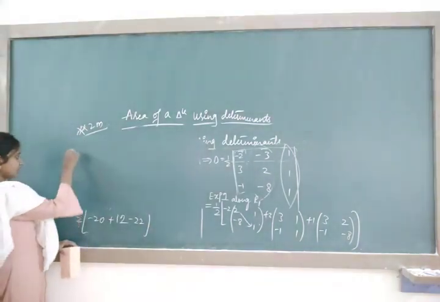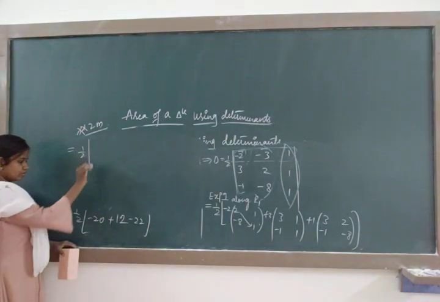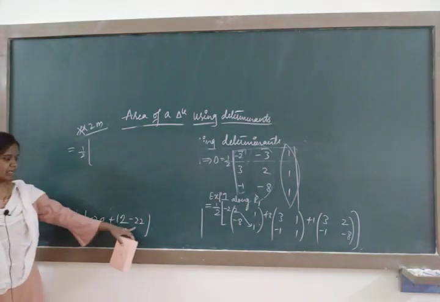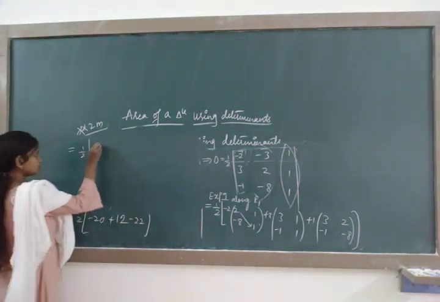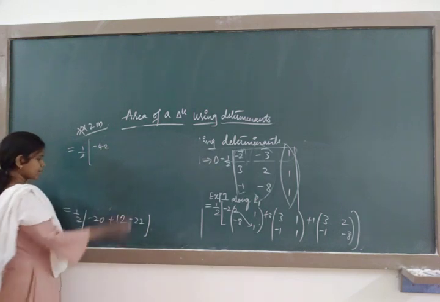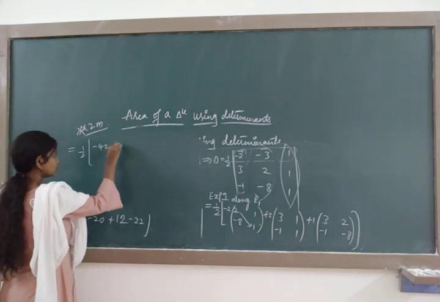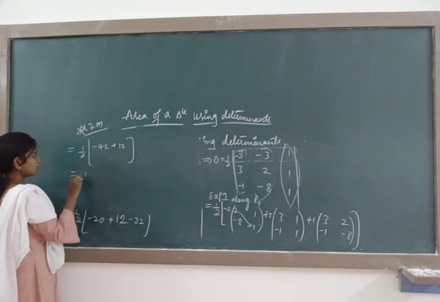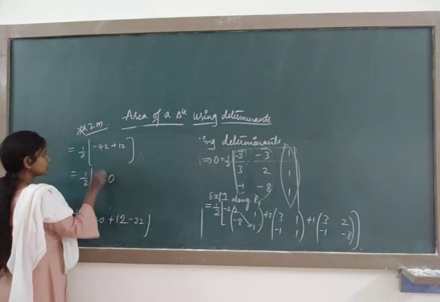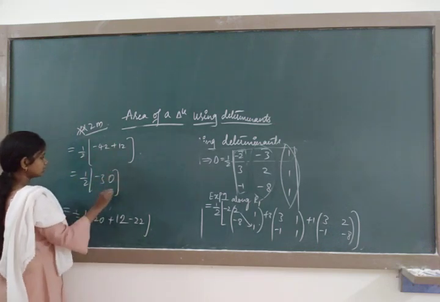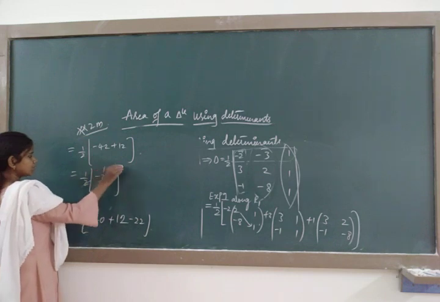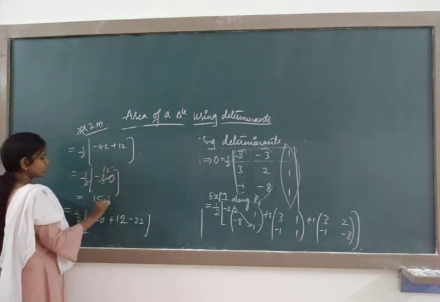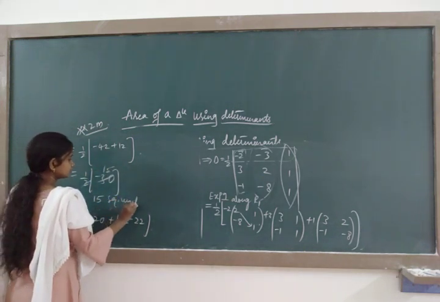Now further simplification, 1 by 2 of minus 20 minus 22, it's minus 42 plus 12. So 1 by 2 of, minus 30. So 2 ones are 2, 15s are 15, which is equal to 15 square units.